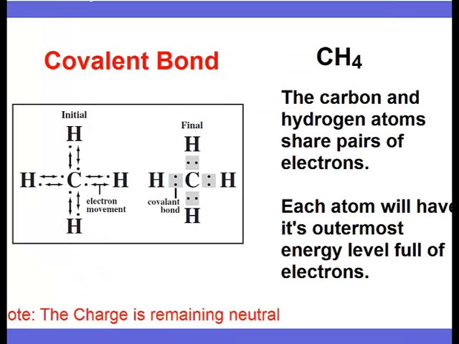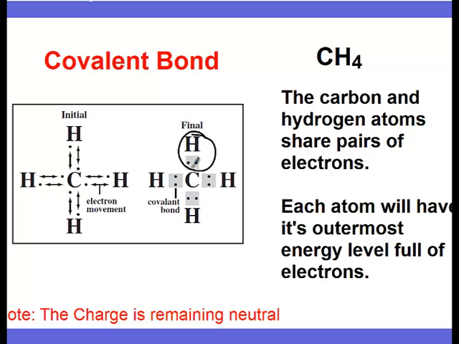Okay, covalent bonds, again, these are bonds between 2 or more nonmetals, and they are sharing electrons. So this is showing you hydrogen has 1, carbon has 4. And if we start combining these electrons right here, hydrogen is satisfied with 2 electrons, so it meets its rule. And carbon, if you count up each one of these carbon atoms, it would add up to 8. So it's meeting the octet rule again.